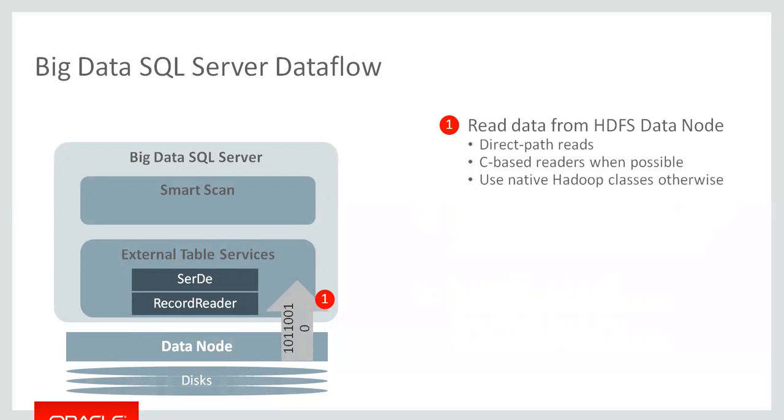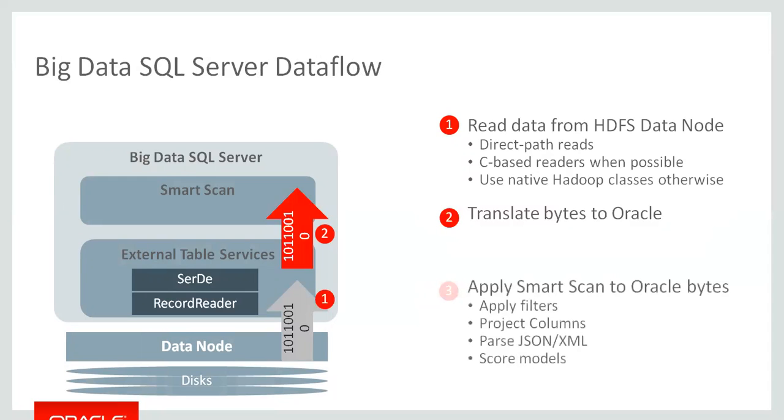So you could read a CSV file on HDFS, Parquet file, ORC file, Oracle NoSQL database, MongoDB, HBase. You read some split, which means a piece of the data. For simplicity, let's think of it as an HDFS block, then transform it into Oracle format and pass it to Smart Scan. This piece is exactly like Exadata. You do filtering, and then the rest of the data you ship towards the Oracle database.